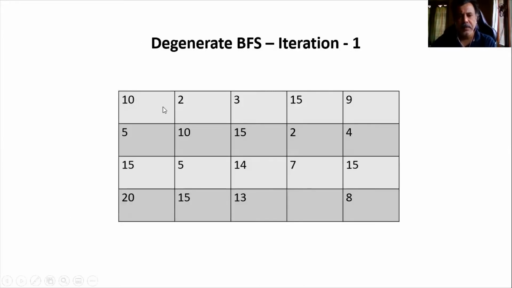These were the costs, and we had arrived at some solution for that. Let me write those solutions. Whatever numbers are written here, these are basically your costs. And now we will write those allocations in this.